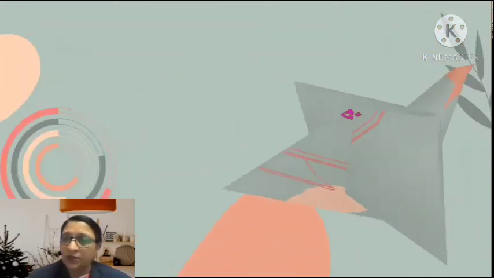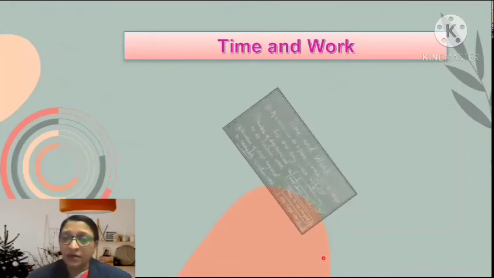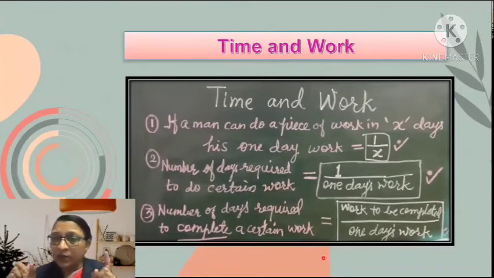Let us turn to the next topic of this lesson, that is examples based on time and work. Here, a few basic formulae you have to keep in mind. The first thing: if a man can do a piece of work in X days, then his one day's work can be expressed as 1 upon X. So here, note it down.